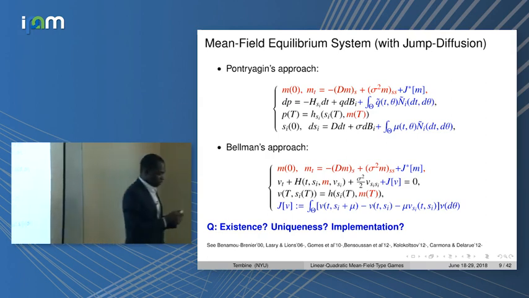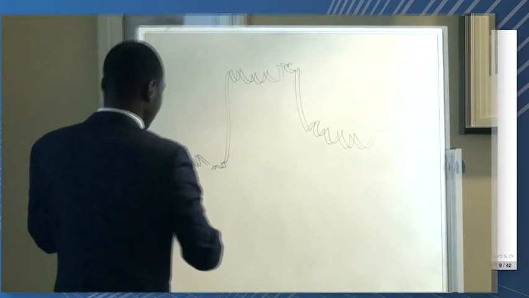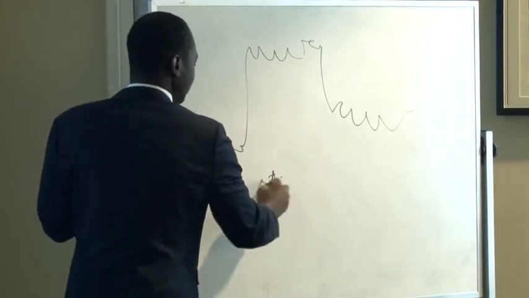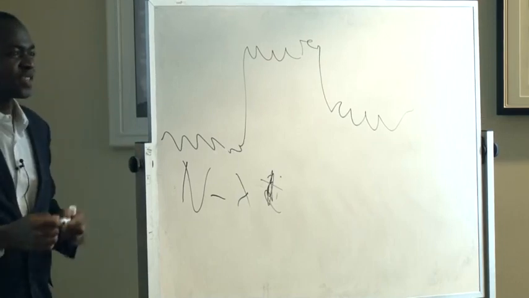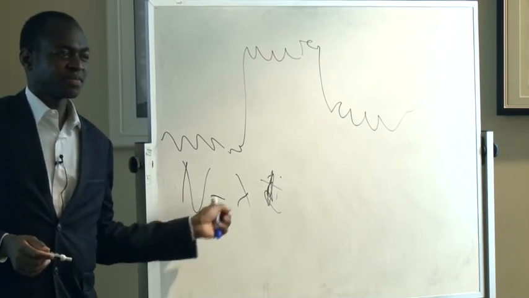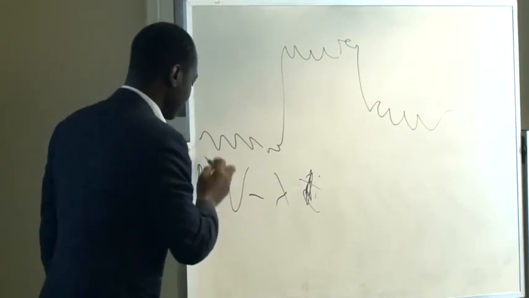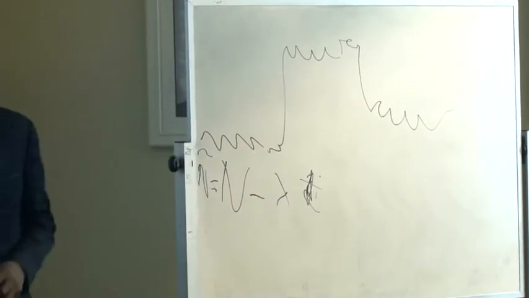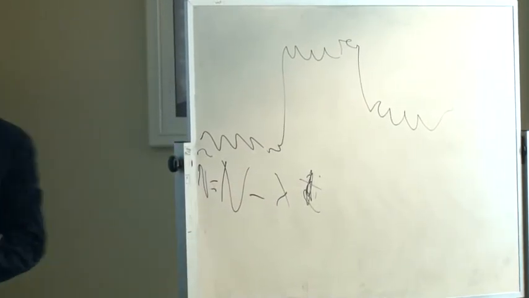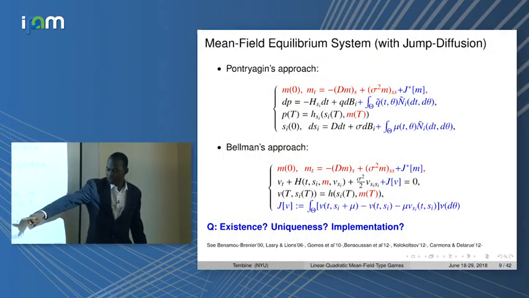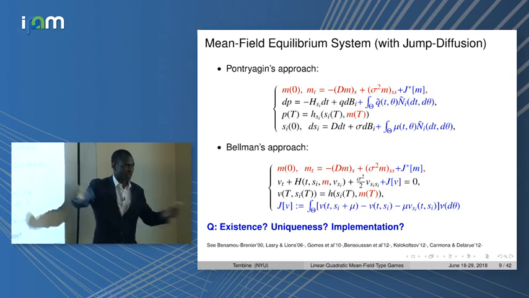So if you have a Poisson process N, we know that N minus lambda t is going to be a martingale, right? So this one is what I call N tilde. It's just making it centered. So that's the nu here that appears when you do the jump. You want to do the variation.